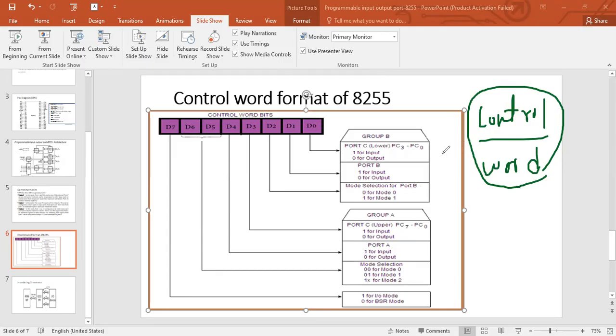Based on your requirement: how many input devices you have to connect, how many output devices you have to connect, and at what memory location you are doing all operations. All these things you have to decide before designing an interfacing circuit. So this is all about the control word of 8255. I will end here. Thank you.